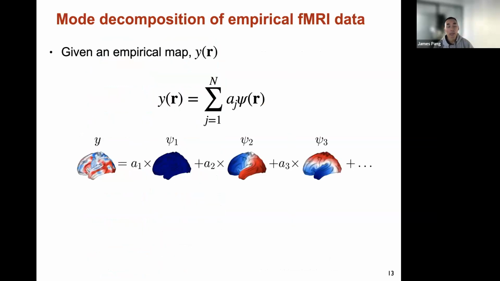Now, these eigenmodes are what we call basis sets. Basically, they are independent, and you cannot capture one eigenmode by a combination of two or more other eigenmodes.